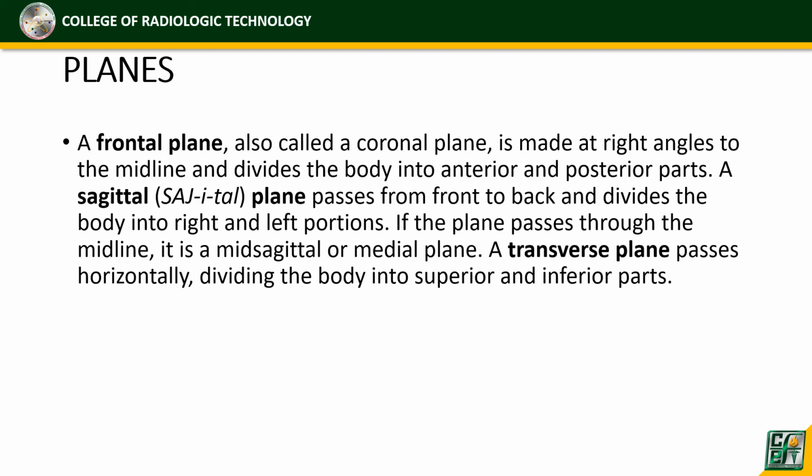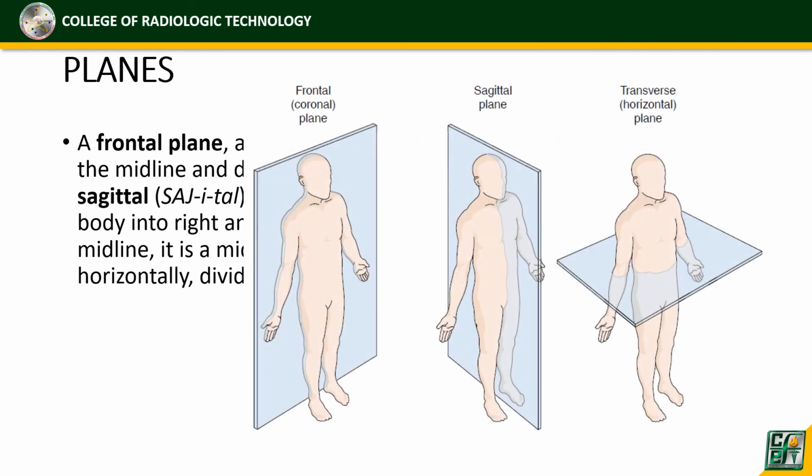While a transverse plane is a plane that passes horizontally, dividing the body into superior and inferior parts. So that is the image of a coronal plane, a sagittal plane, and a transverse plane.